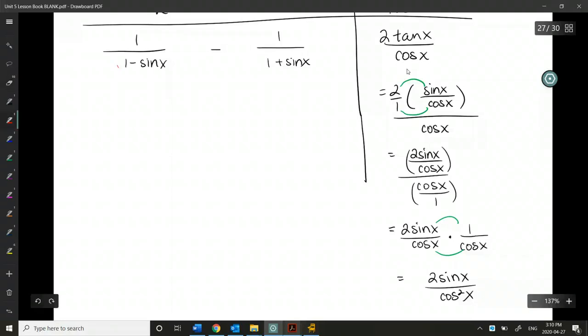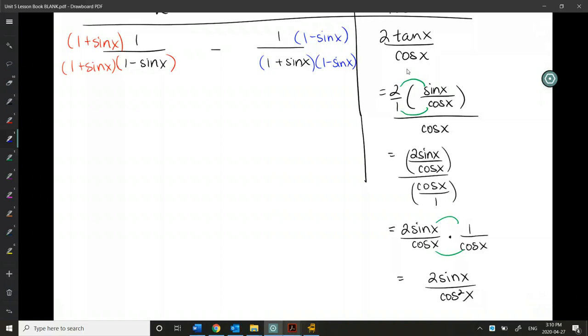This was also on our list of tips and tricks. So each side needs what the other side has. This side will need a 1 plus sine x. And the other side is going to need a 1 minus sine x. Okay, make sure you multiply this into both the top and the bottom to make sure it stays equivalent.